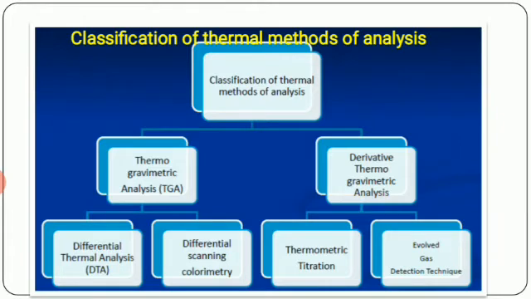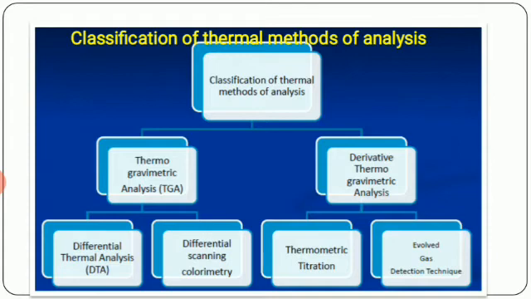The property measured and the apparatus used for the different thermometric methods: in thermogravimetric analysis, the change in weight of the substance is measured and the apparatus is a thermobalance. In derivative thermogravimetric analysis, the rate of change of weight is measured and the apparatus is a thermobalance.